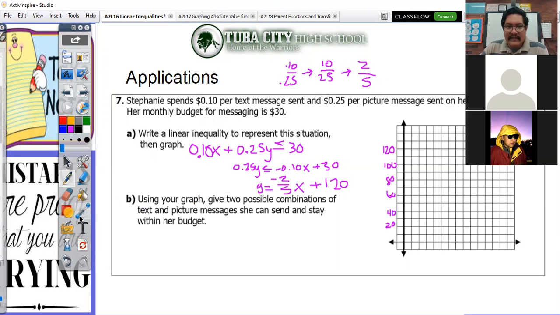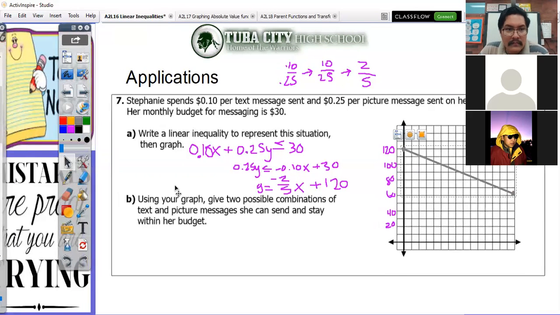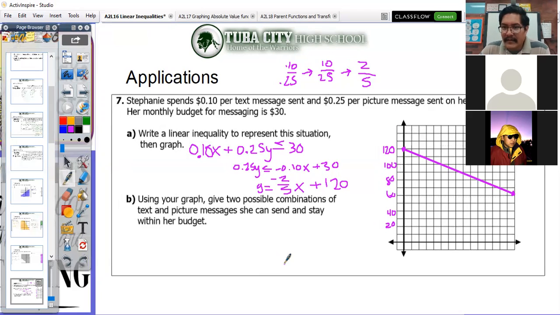So it says to graph it. Now again, because there is the or equal to, because it is possible for her to manage to get right on the line and still be within the budget, let's go ahead and graph it. So that's down 2 over 5. And there we go.